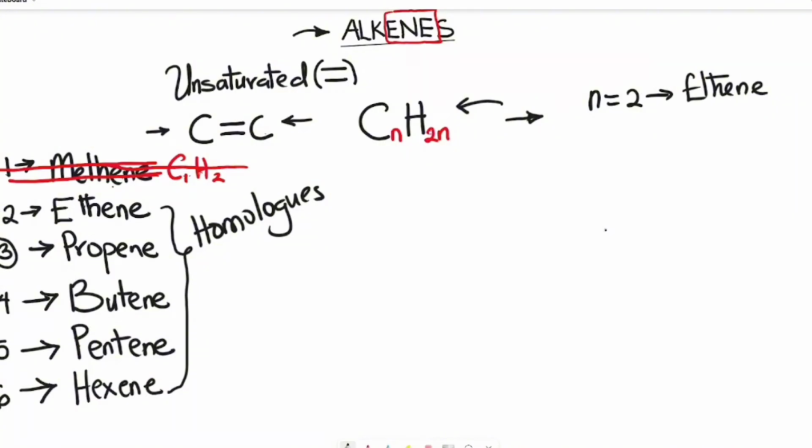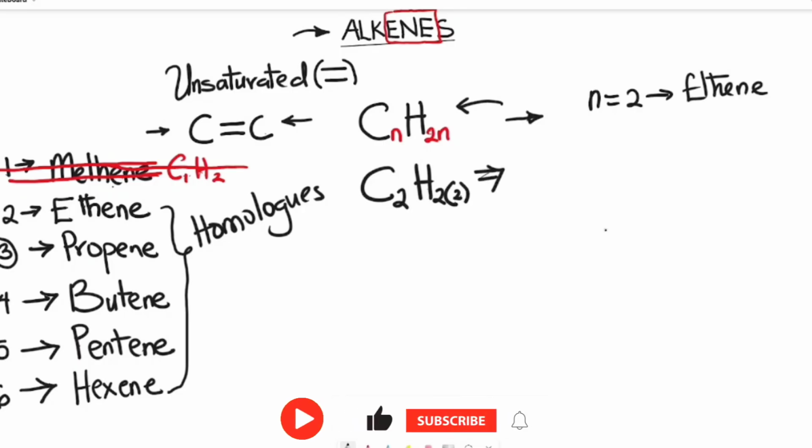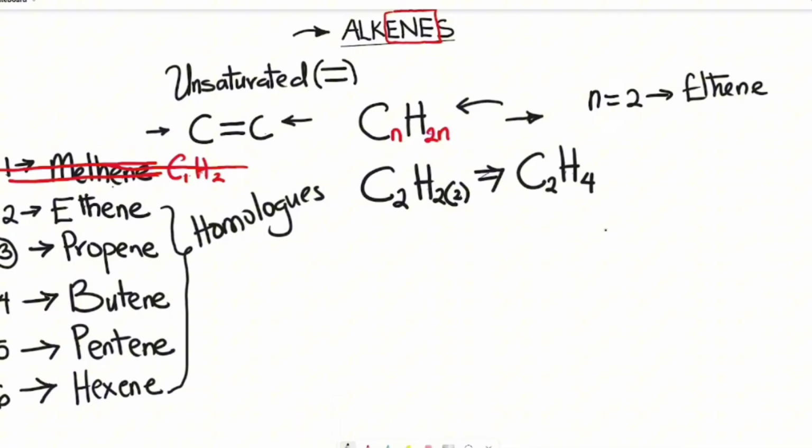That means we're going to do C2 H2 bracket n, with 2 as n. That will give us C2 H4. So what does this mean? How do we draw this? Remember, for an ethene, it is unsaturated, so it must have at least one double bond.